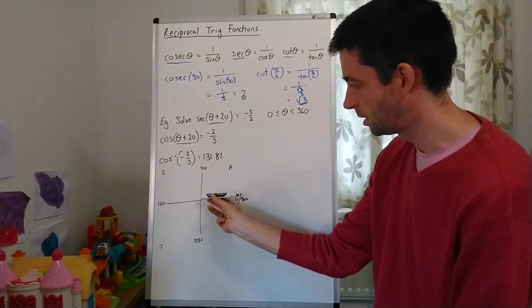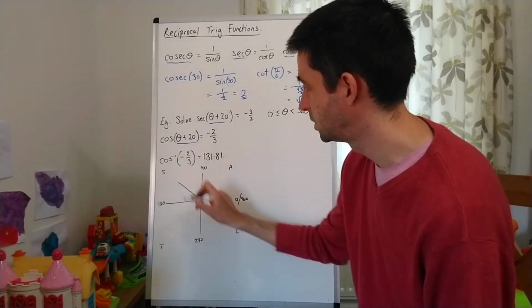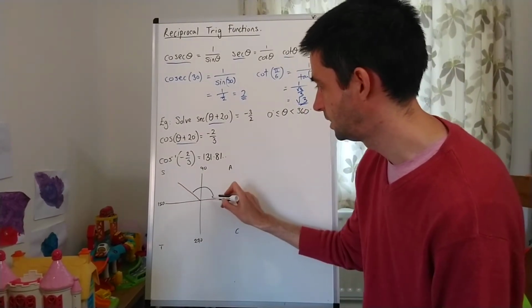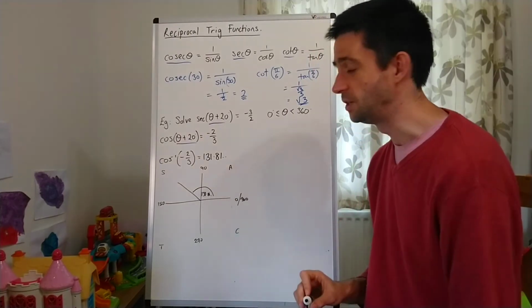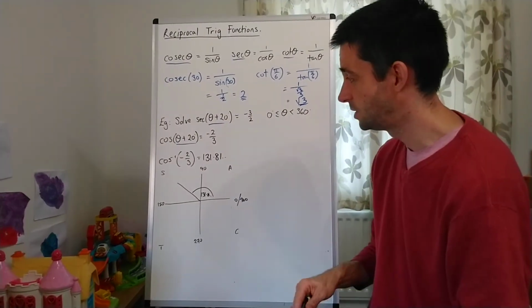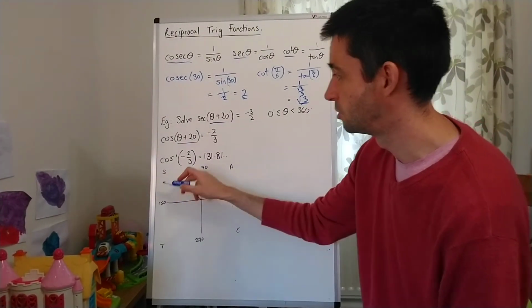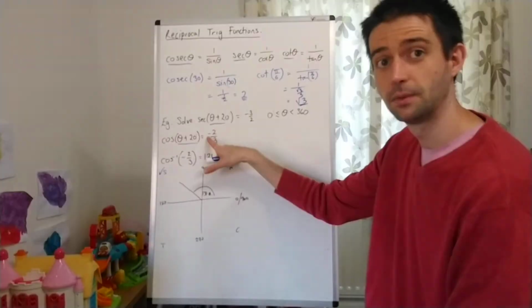Starting at 0, I go round anti-clockwise past 90, and it goes into this quadrant here, and it's this angle that's 131.81. Now that should make sense because it's ended up in the sine quadrant, and the reason it's done that is that the value of cos is negative.